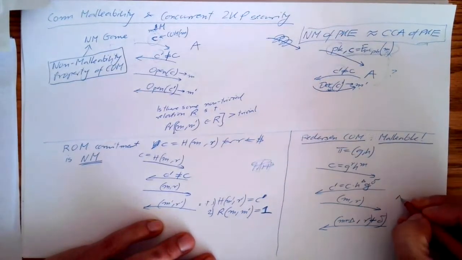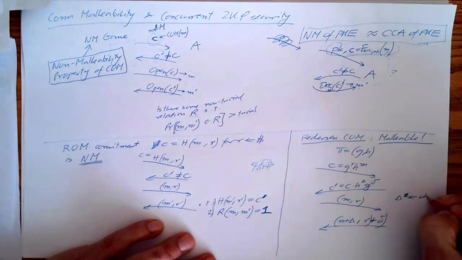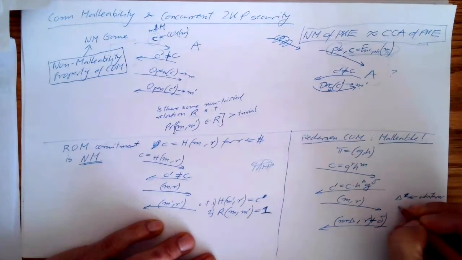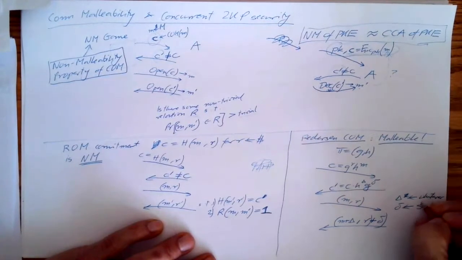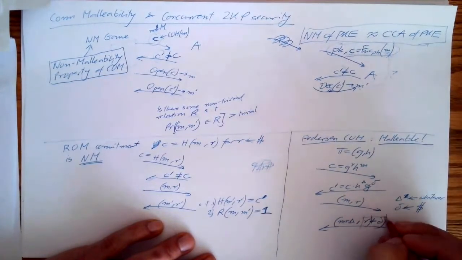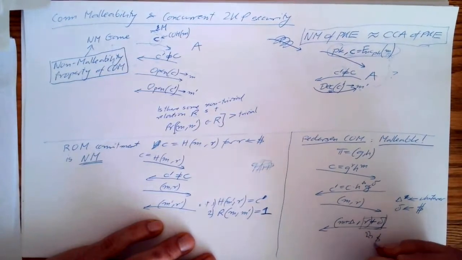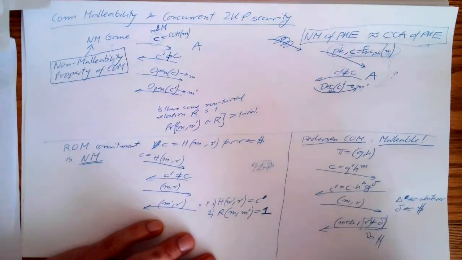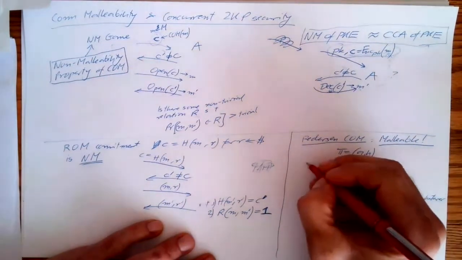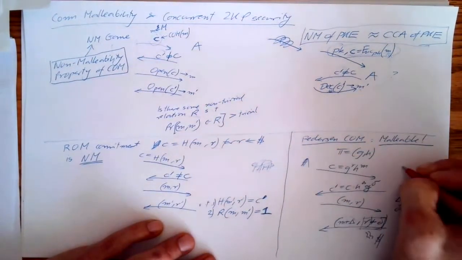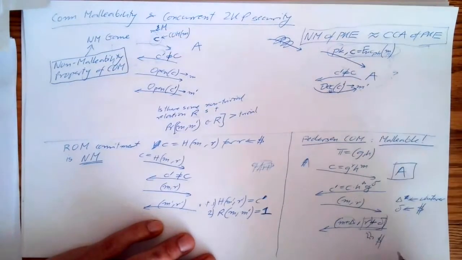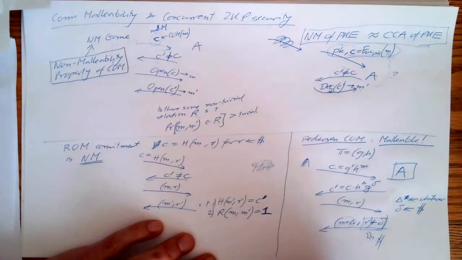And delta is whatever you want, and sigma is random, then this is now random and independent of R, and this is whatever shift the attacker wanted. So clearly it's malleable.